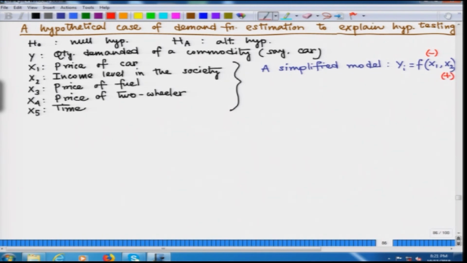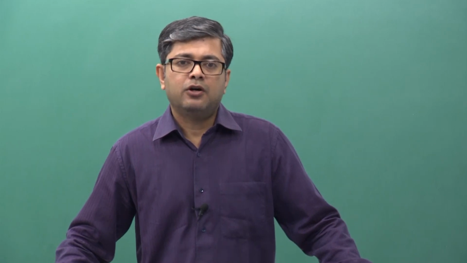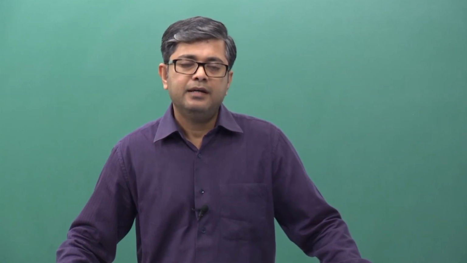This is basically coming from my theory. So, this is basically my hypothesis that I would like to test, whether indeed the relationships between these variables are following the theoretical result or not. We will continue with this discussion on hypothesis testing in the next lecture.